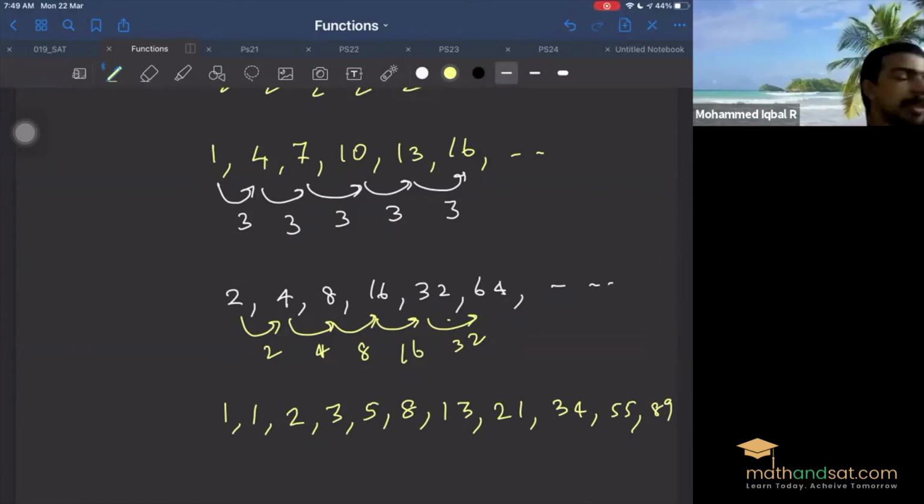Is this an arithmetic sequence? No. Look at it very carefully.